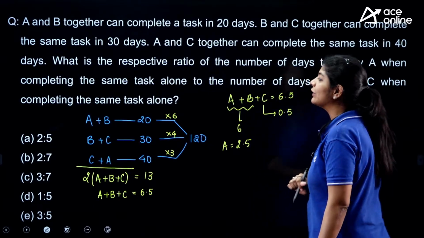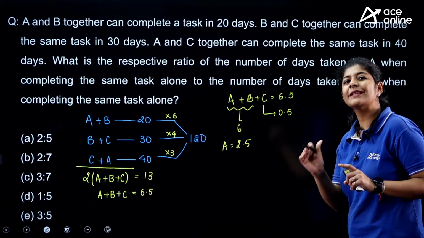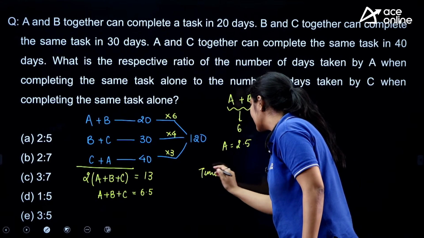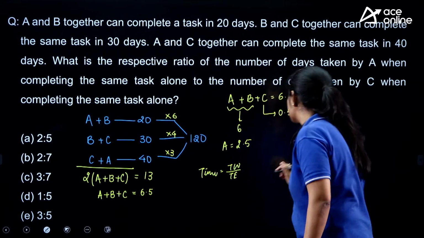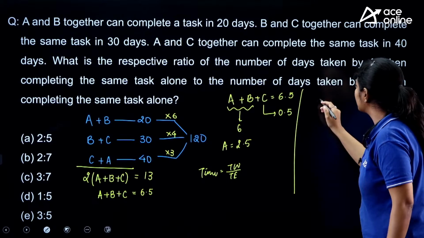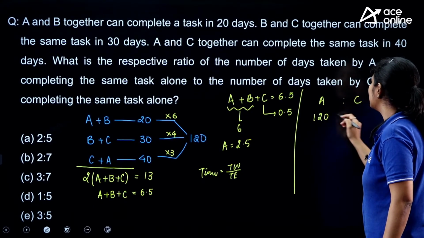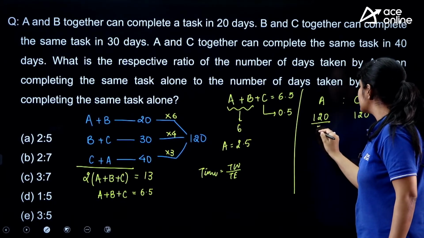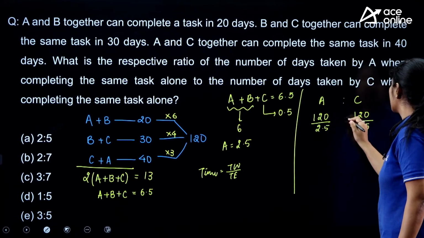But the question is saying that we need to find out the ratio between the time taken by the individual person. And we know that time can be calculated as total work divided by the total efficiency. So the ratio between A and C is that they need to complete 120 units of work individually, with the efficiency of 2.5 and with the efficiency of 0.5, right?